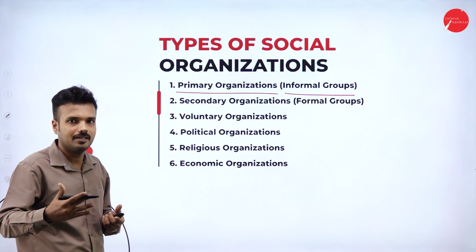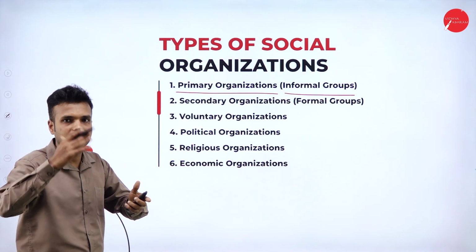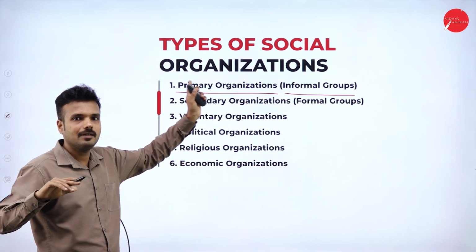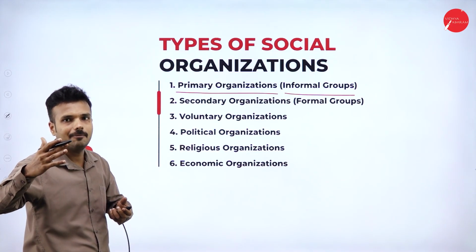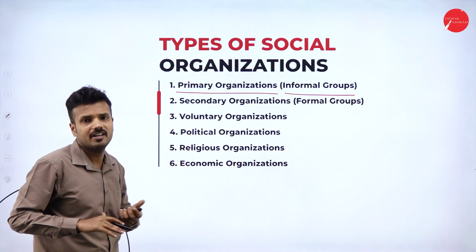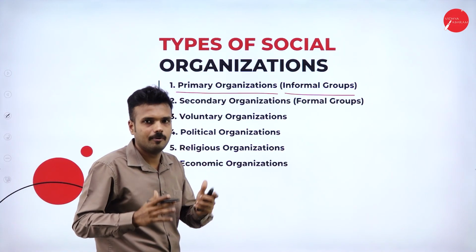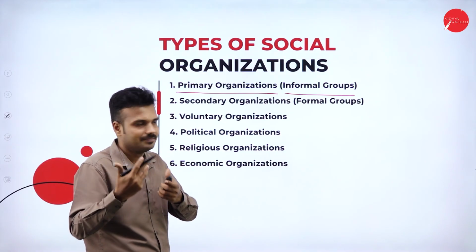As soon as a child takes birth, he looks at one group of people and learns and adopts certain things, so we call it primary. Primarily they learn these things, and after they grow up, they go to the secondary organization. Hence I mean to say this primary organization is an informal group of people, organized together for any kind of purpose.